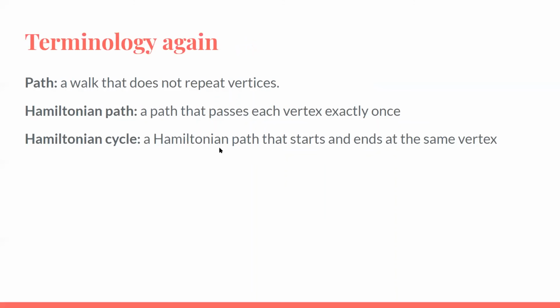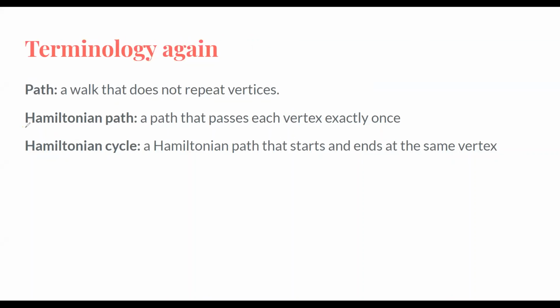So you can essentially think of a Hamiltonian walk and path as the same thing, because it's always going to be a path. And remember, if something is Hamiltonian, it's going to pass each vertex on this graph exactly once. Any other questions?